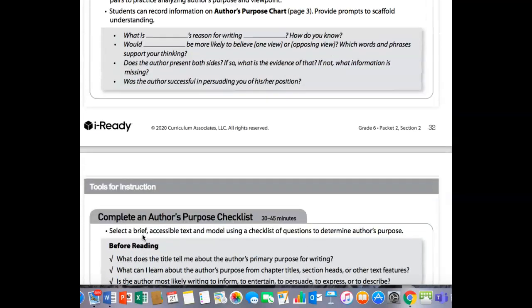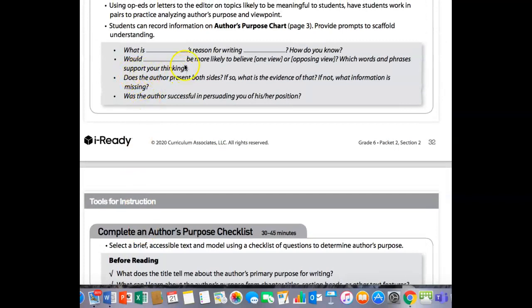Then, would the author be more likely to believe one view or opposing views? Which words or phrases support your thinking? Would he be more likely to believe a certain viewpoint or an opposite viewpoint? Does the author present both sides? If so, what is the evidence of that? If not, what information is missing?